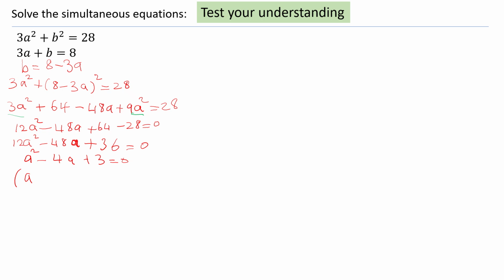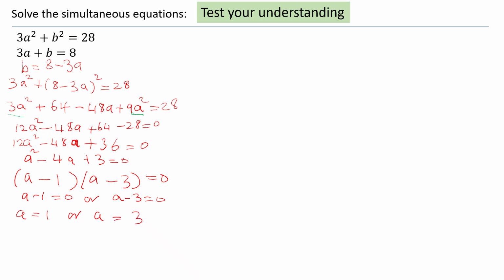If you multiply two numbers to get plus 3, and add to get minus 4, the factors are 1 and 3, so minus 1 and minus 3. So A minus 1 equals 0 or A minus 3 equals 0. So A equals 1 or A equals 3.